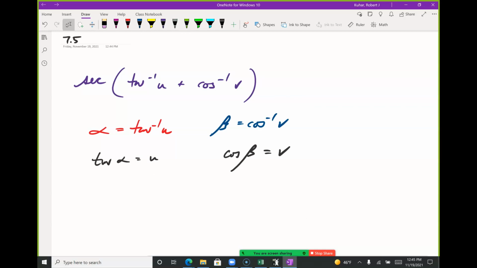Both of those give me a triangle. So for the tangent with alpha as my angle, I get u over 1. Remember, tangent is opposite over adjacent. So u over 1 is u. And I get the other side by Pythagorean theorem, 1 plus u squared. Does anybody need to see that Pythagorean?